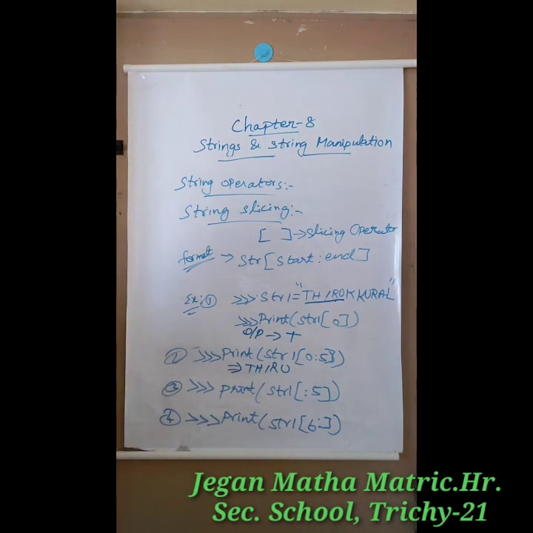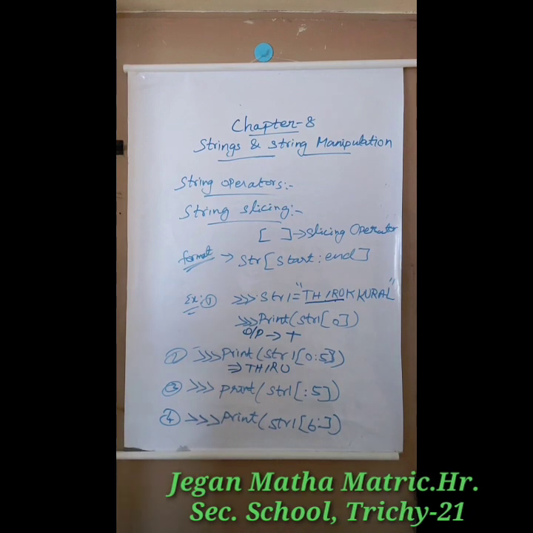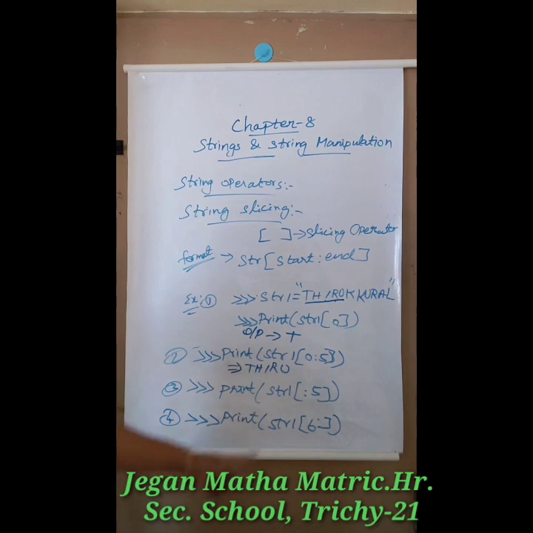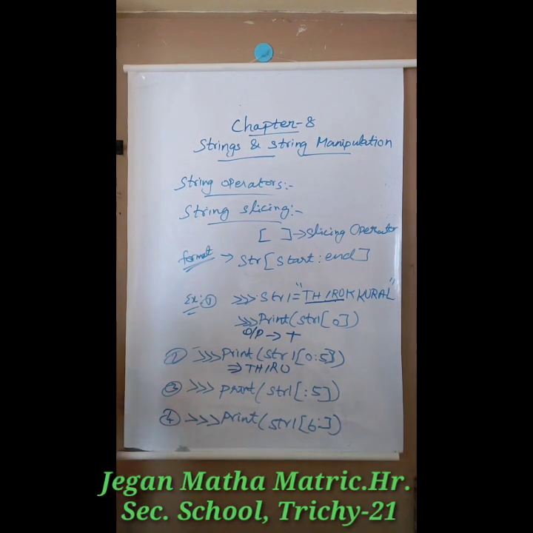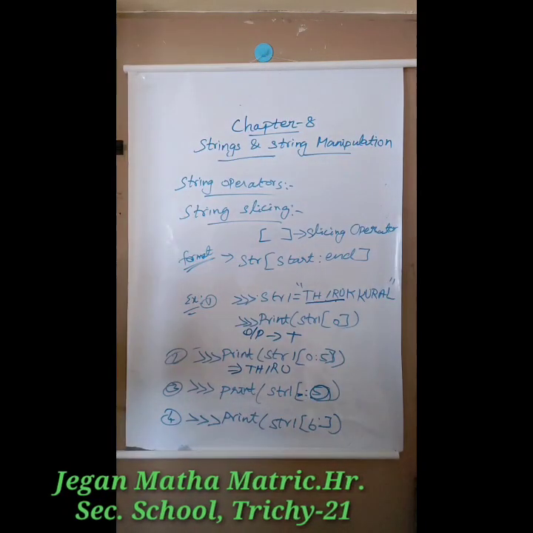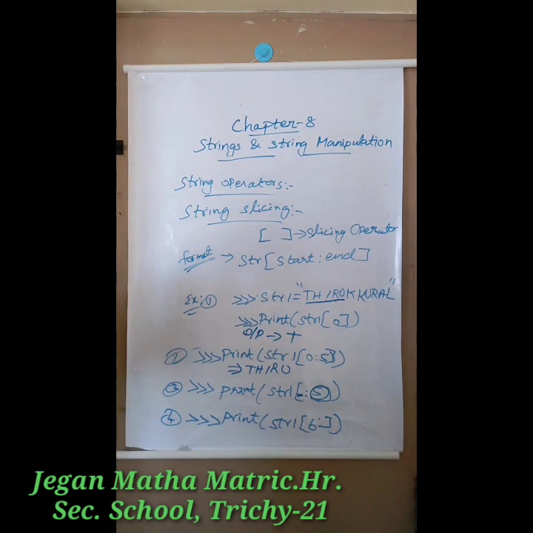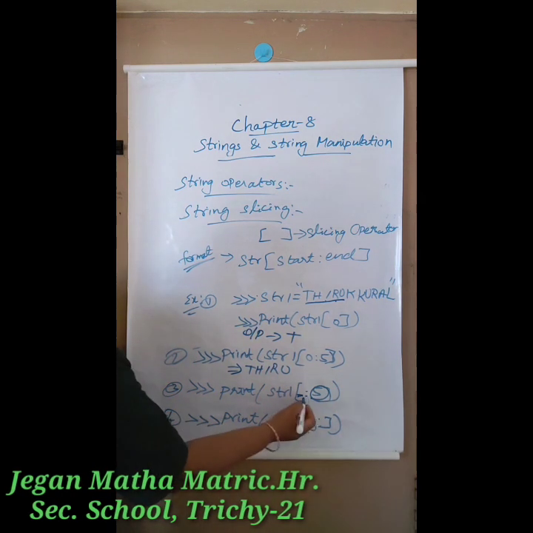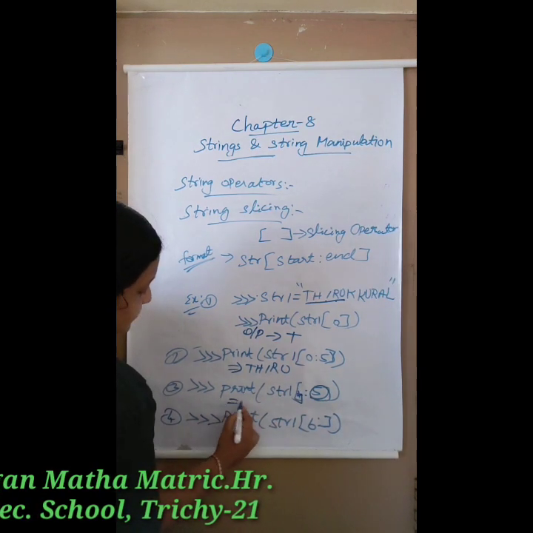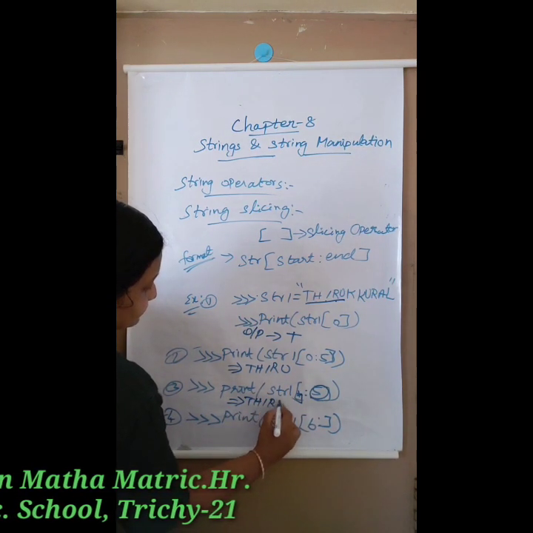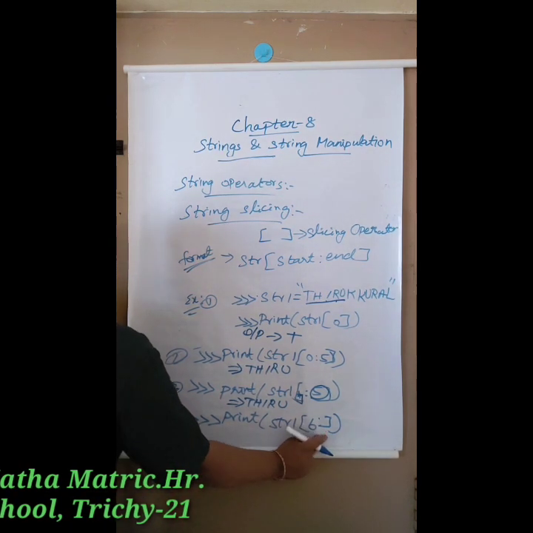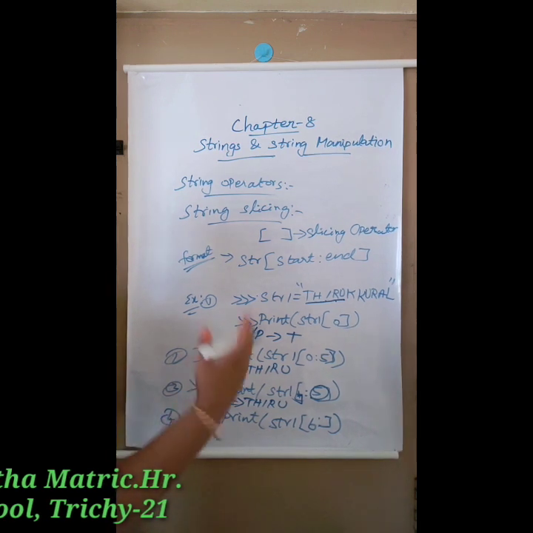The next one slices a substring from index 0 to 4, but without specifying the beginning index. They mentioned only the end index value 5, so 5 minus 1 is 4, and the start is automatically considered as 0. So 0 to 4 gives the same output. In the next one, they mentioned the starting index value but not the end index value, so it produces the result up to the last value.